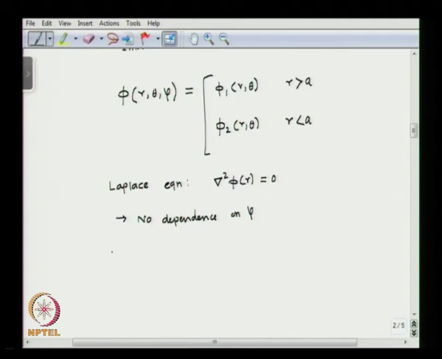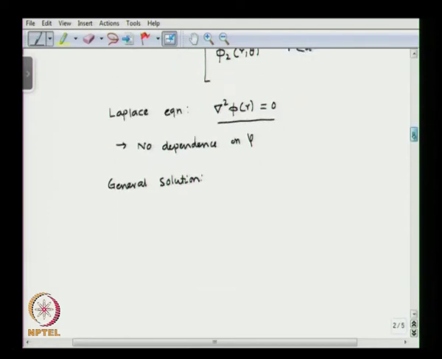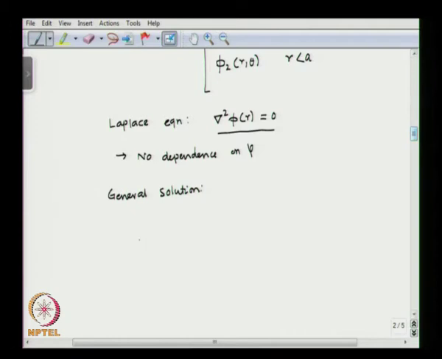So we can write a general solution, and the general solution for this Laplace equation in this case considers Legendre polynomials. So phi of r, theta is going to be the summation over L equal to 0 to infinity of A L r to the power L plus B L r to the power minus (L plus 1), into P L of cos theta.